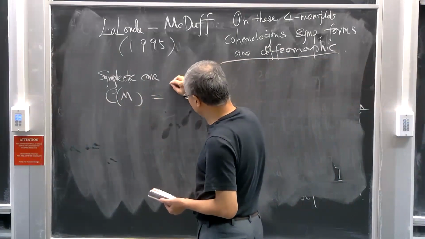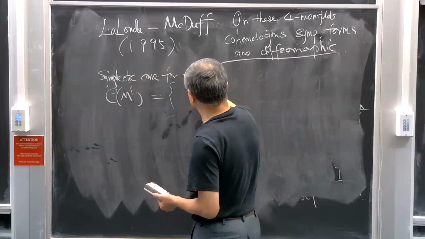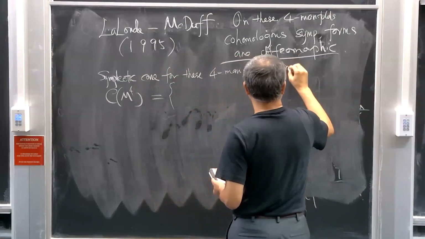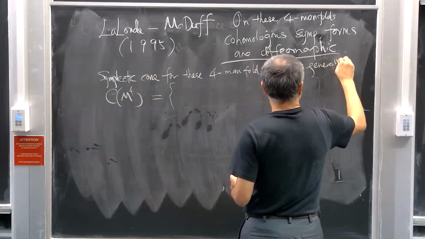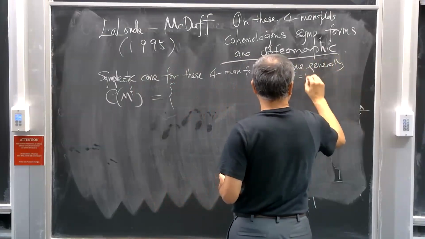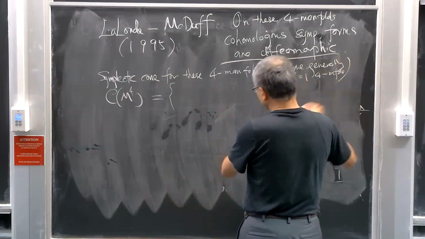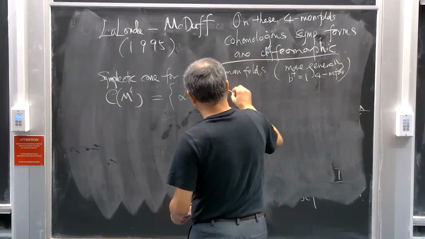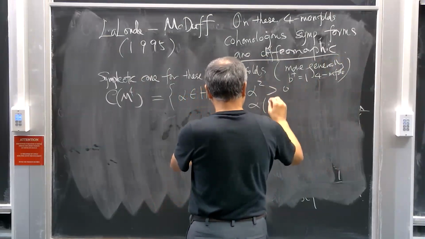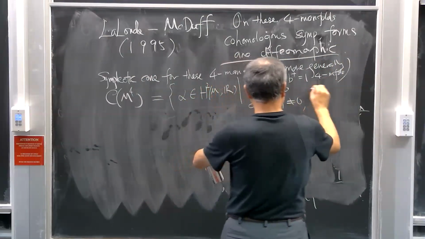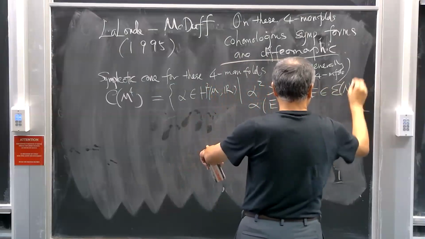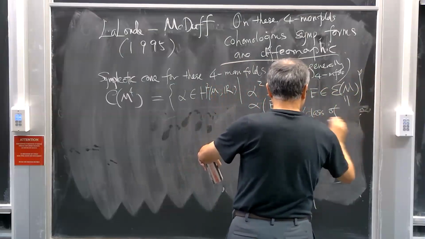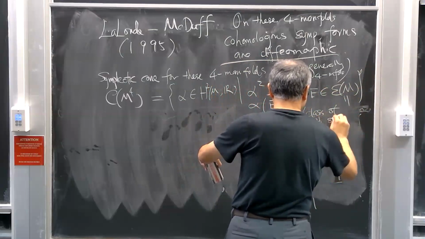And so this is saying that the symplectic cone for these four manifolds, and that in fact this holds for the set of smooth spheres.